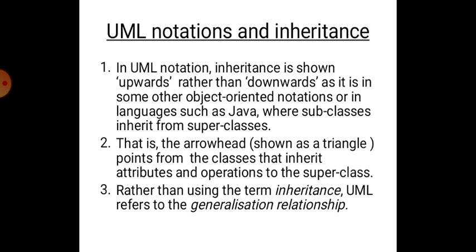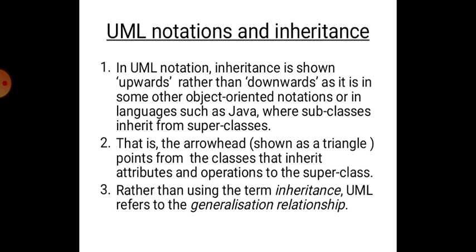Students, you have studied the concept of inheritance in Java, but there the hierarchy is pointing downwards. But here in software engineering, particularly in the object models, we show the arrow pointing upwards. So this is a little difference you should take note of.